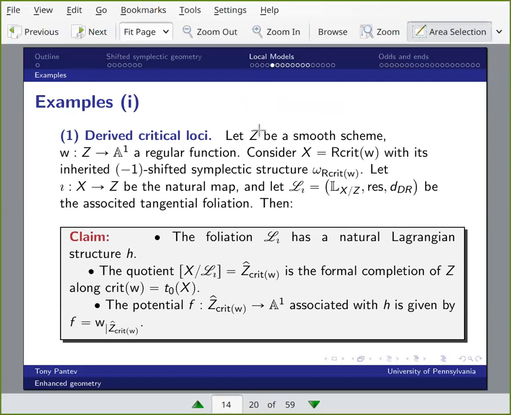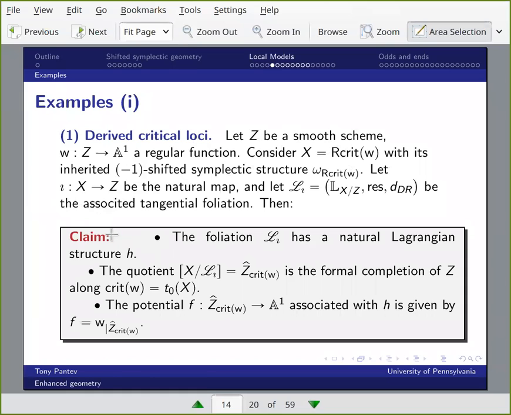So if you have a smooth guy and you have a potential, and this also works in the shifted case, and you take the derived critical locus, then you have a map from the derived critical locus to the smooth guy. And you can look at the relative tangent complex for this. So that's the foliation.